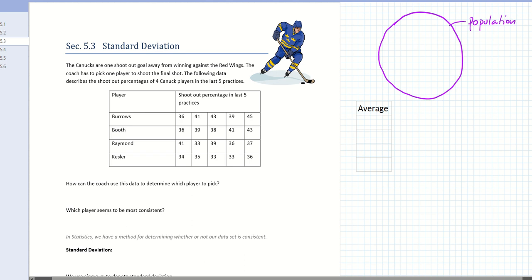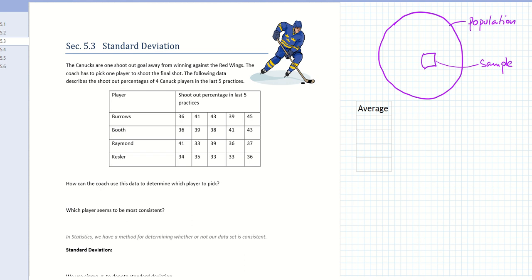Okay, and a sample would be just a portion of this population. So let's say we take a small portion from the total and we call this the sample. Okay, now we're going to need to understand this difference because there's going to be lots of other definitions later on, and there's going to be things that relate to the population and things that relate to the sample.